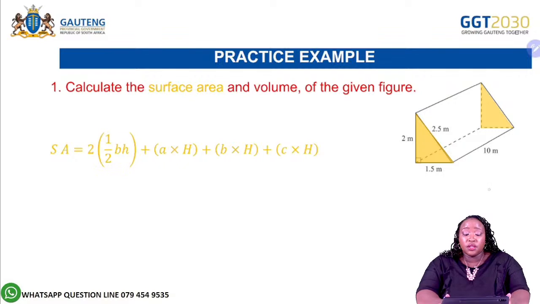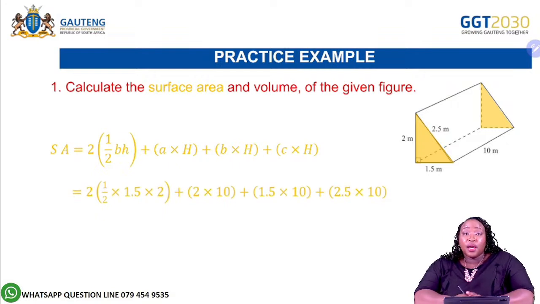You can either use it where it's been simplified, or you can use it in its entirety like this. If you are not sure about how to compact it or factorize it, just use it as it is, because then you can keep track of all the faces that you are looking at. This is my back triangle and front triangle, this is your bottom rectangle, your top rectangle, and one of the sides.